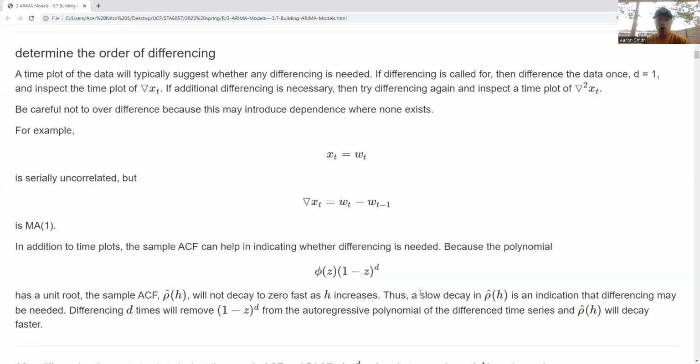So if I see a slow decay in my autocorrelation function, that's an indication I need to do differencing. And differencing d times will remove this portion of the polynomial altogether from the autoregressive portion of the polynomial. And so when I look at the updated plot after differencing, I should see that it will decay faster if I did the right differencing.